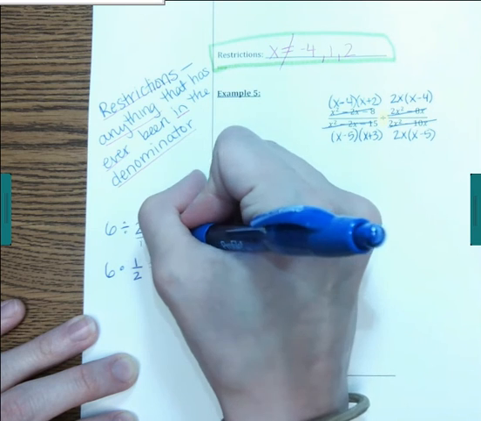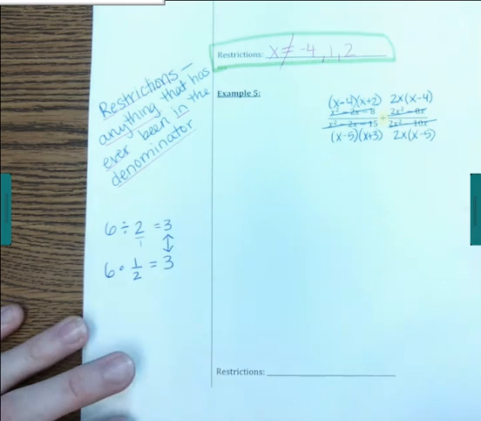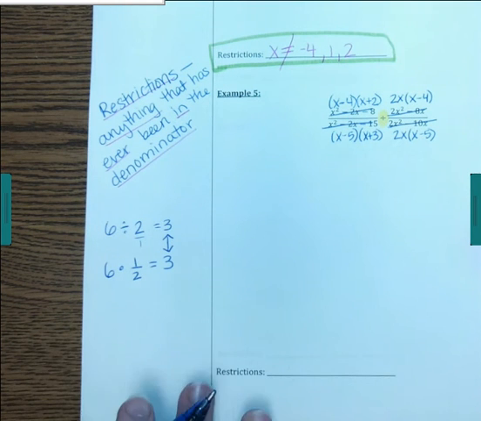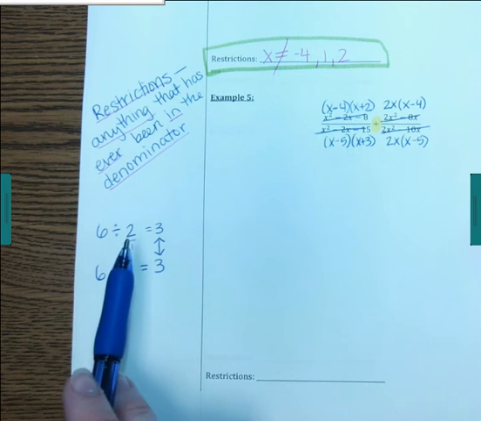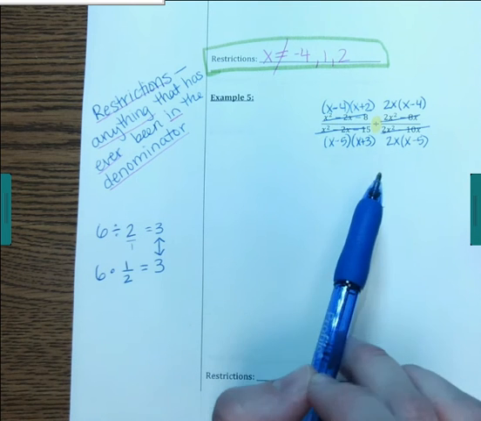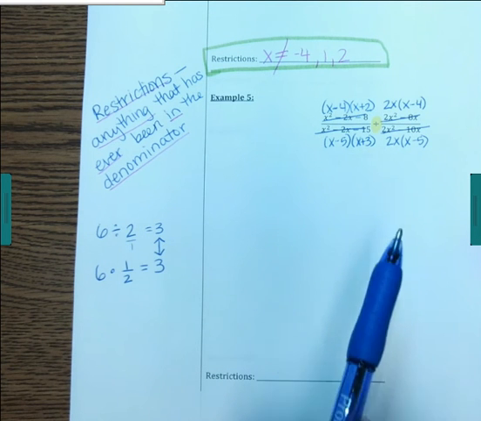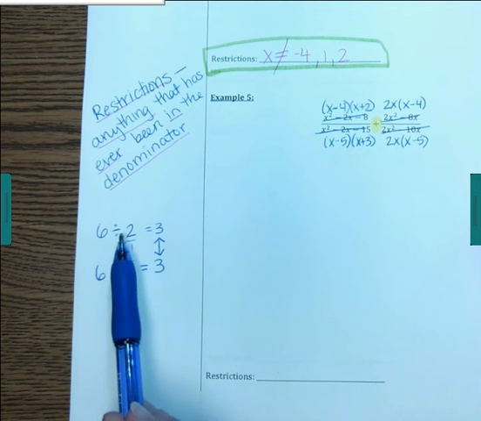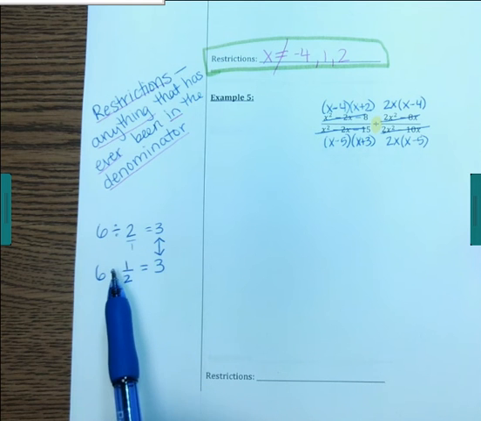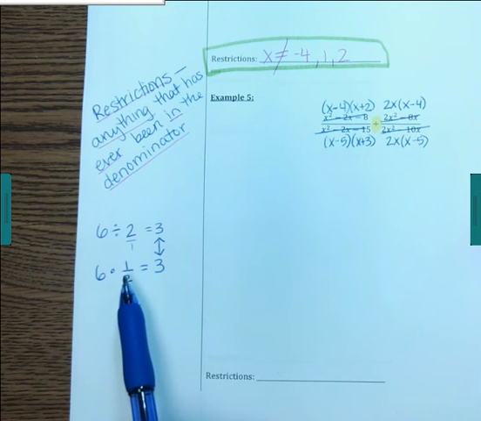These are the same. So, we're going to use that same process here because it's easy enough for our brains to comprehend this. They're just normal numbers. But trying to comprehend the variables involved with this is problematic. So, we're going to use this idea of dividing by a number is the same as multiplying by its reciprocal.